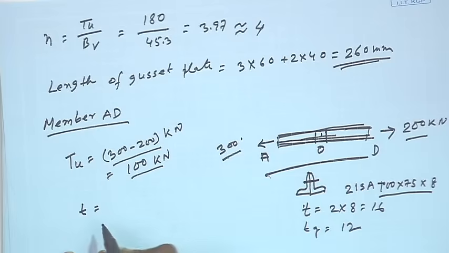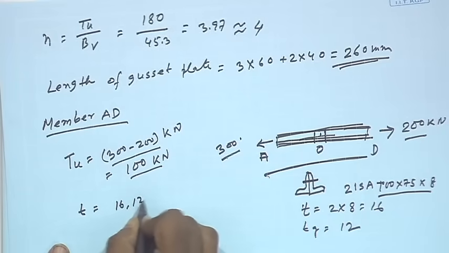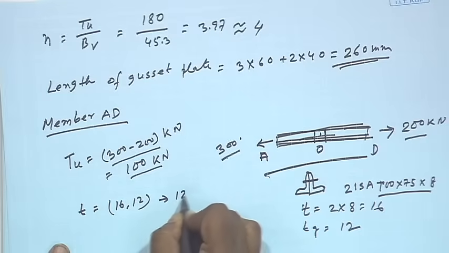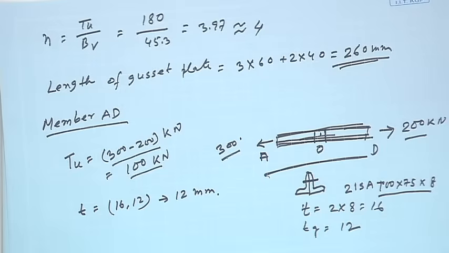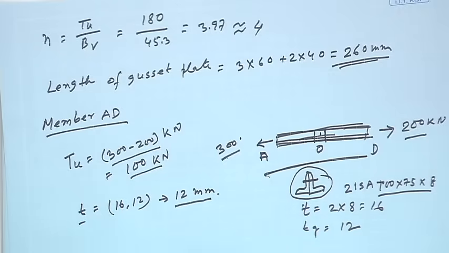So, for this case we will consider the minimum of 16 and 12, that means 12 mm. While calculating the bearing strength, the thickness will be considered as 12 mm, because the double angle section jointly has 16 mm, whereas the gusset plate thickness is 12 mm. So, the minimum will be 12 mm, right.